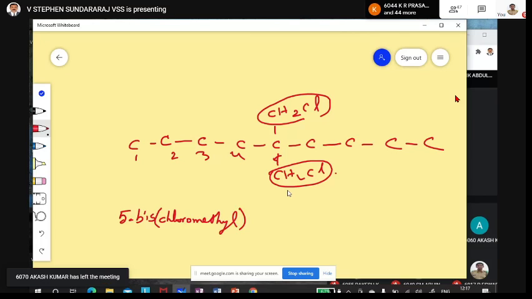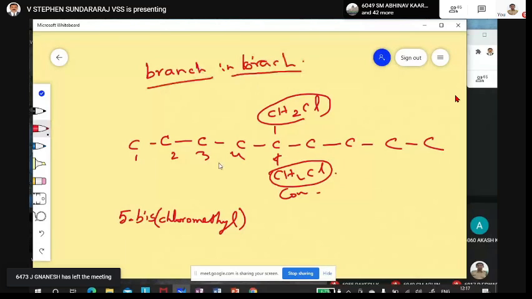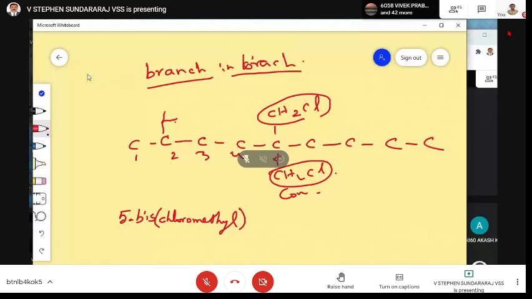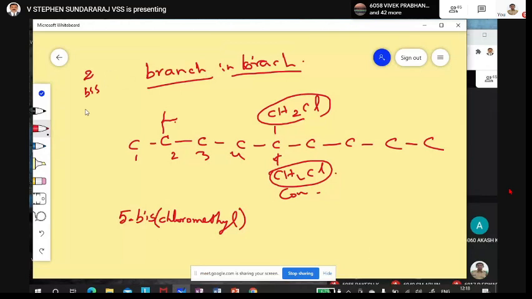What is a complex substituent? A branch having a branch, a branch in branch or substituent in substituent. There is a side chain, and in that one more side chain is there, one more attachment. That is called branch in branch. In that case, if the same thing is coming 2 times, you should use bis, not di. 3 times means tris. Tetrakis, I told you.